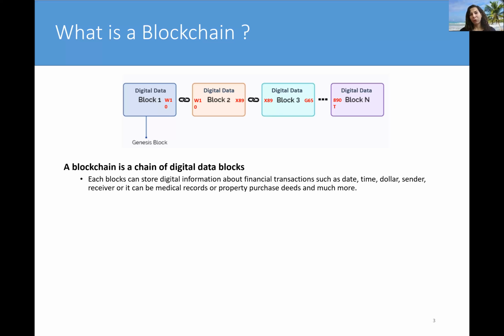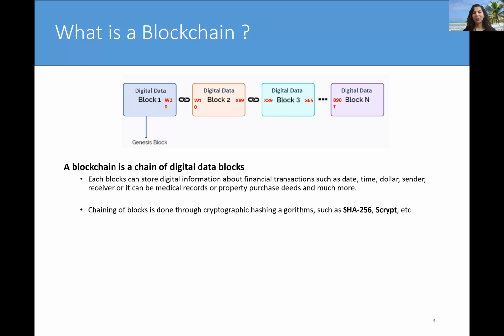To begin with, we have to verify that I have enough money to deposit that amount to Bob. The amount of the transaction, and the data about it, such as the date, time, dollar amount, who I am, what my account information is, and what Bob's account information is, are going to be in each of the blocks.